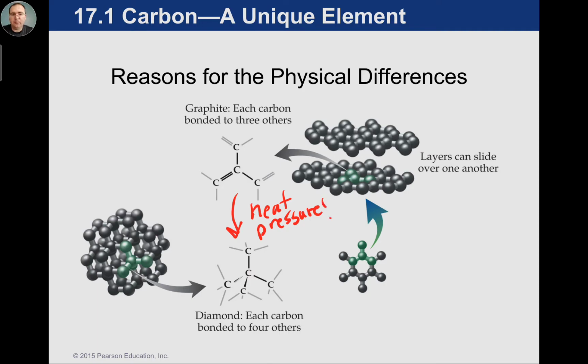And this is exactly what you can do with charcoal or even pencil lead. You can take graphite and turn it into diamond synthetically. And this is what we mentioned kind of jokingly early in the semester, that you can turn your grandparents or lost pets into synthetic diamonds by taking their ashes, their carbon dust, and using high heat, high pressure to make synthetic diamonds, much like coal that's next to volcanic activity.